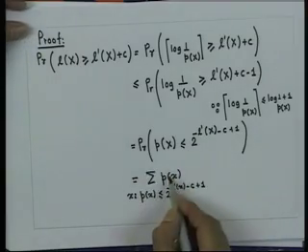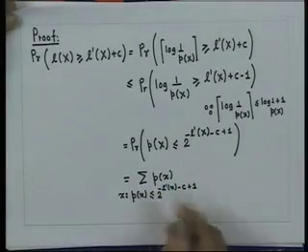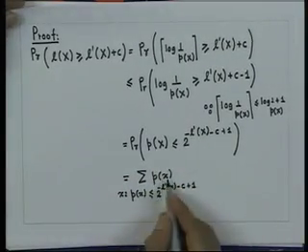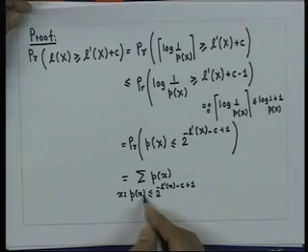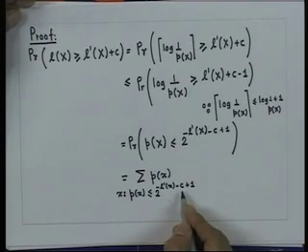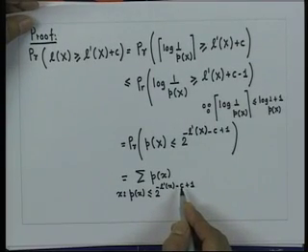So, this is equivalent to summing up the probabilities of x, where x is all those x for which probability of x is less than or equal to this quantity.